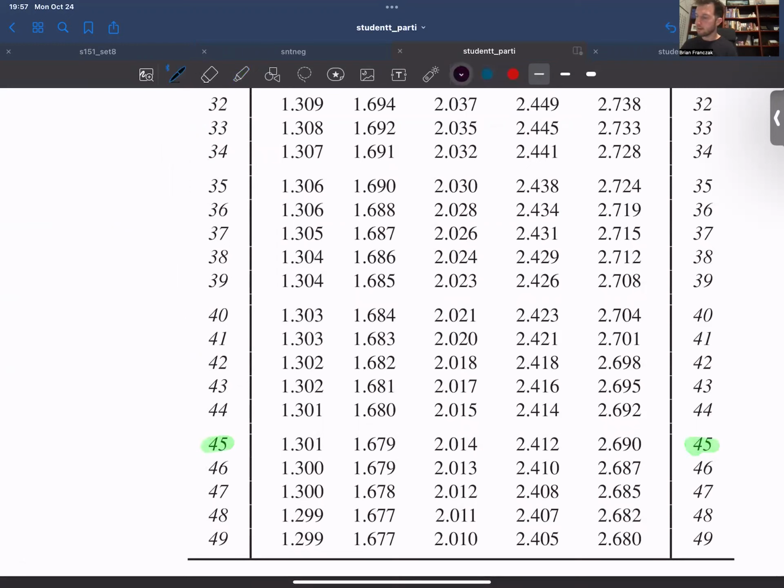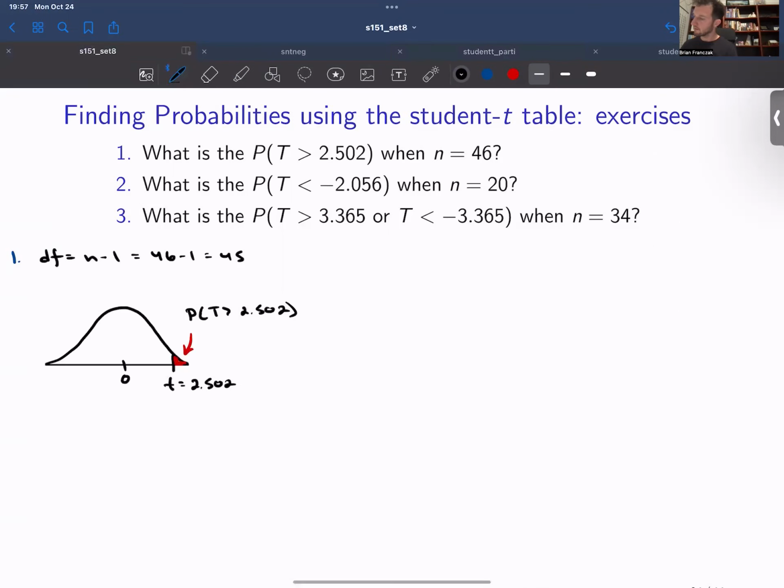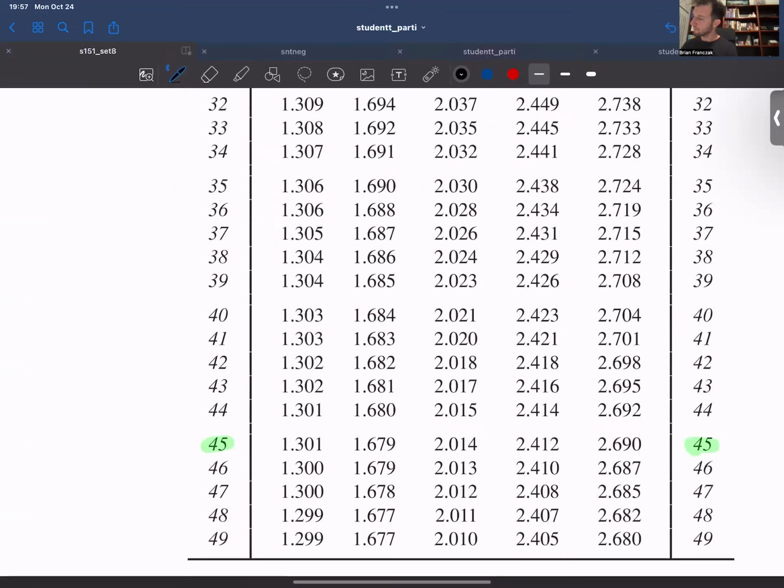Now what I'm going to do is take my value, which is 2.502, and I'm going to check to see where it falls. Okay, so I start with the first number, 1.301. 2.502 is bigger than 1.301. So I move to the next value. Okay, 1.679. 2.502 is bigger than 1.679. So I move to the next value. 2.502 is bigger than 2.014.